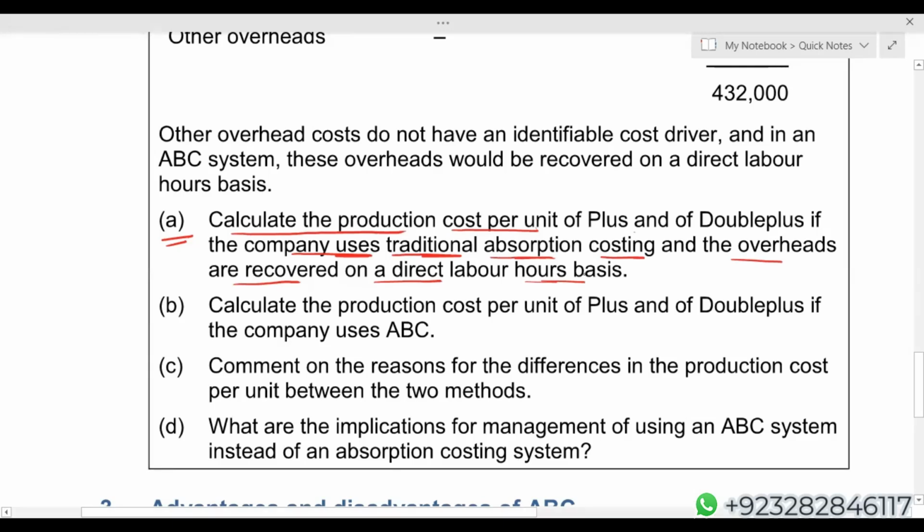One product is named plus, another is named double plus. So basically we'll take the overheads divided by total labor hours. That will give us the FOH rate under absorption costing. So let's first deal with part A of this question.